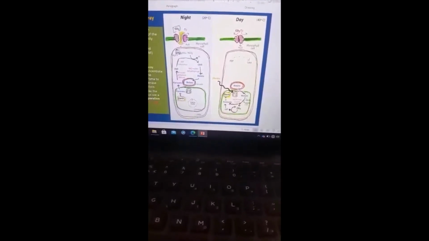So this malate, just like in the C4 plants, is going to be decarboxylated, which means it is broken down into carbon dioxide and a pyruvate. You can see this pyruvate here is a 3-carbon compound.